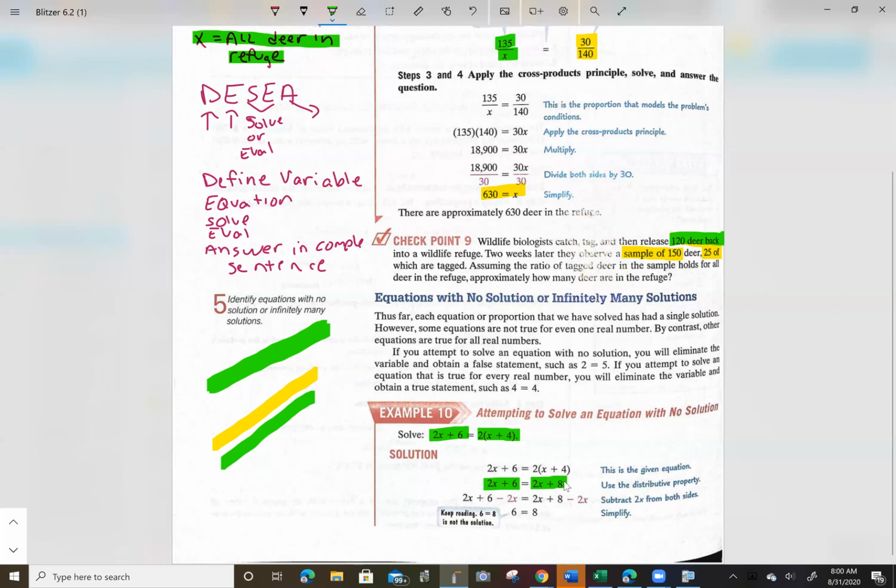And since their y-intercepts are different, one is 6, one is 8, I know they are not the same line, so I know they're never going to cross. So what they did first is they subtracted 2x from both sides. That canceled out the 2x's and we got 6 is equal to 8. Well, that's not true, which means there's no solution.